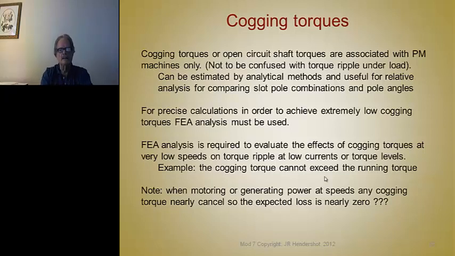That's the only way you can experience the effects of cogging torque on a motor that doesn't have magnets in it. Now you can estimate these cogging torques by analytical methods, and that can be very useful for relative analysis of comparing slot and pole combinations or the arc angle of the width of the pole. Also slot opening dimensions, and of course slot pole combinations. For example, let's just illustrate that for a minute.